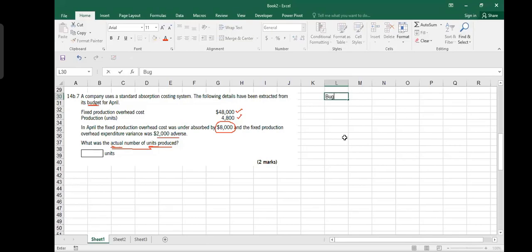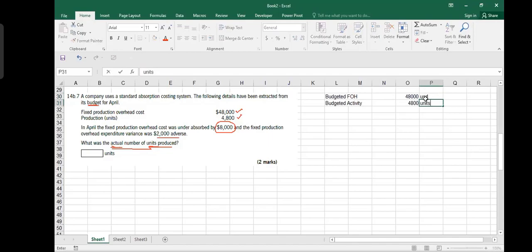You have your budgeted fixed overhead, which we know they gave us as 48,000. And then they told us that budgeted activity was 4,800 units. So this is your USD, this is your units.